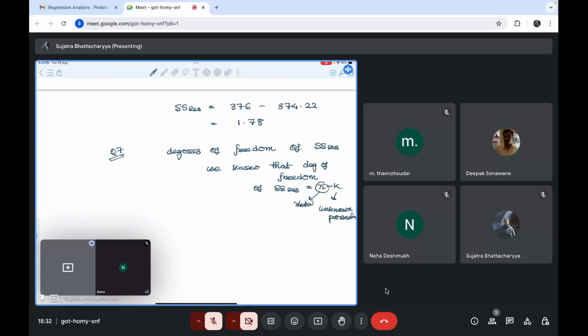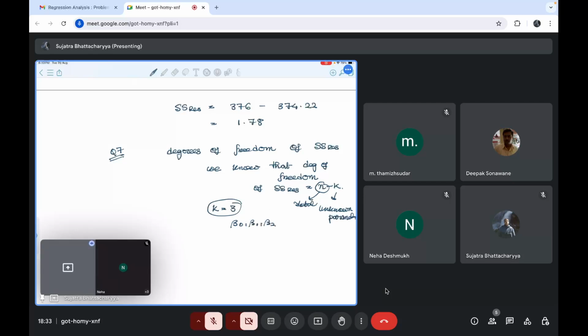We have seen it in the simple linear regression also. It was n minus the unknown parameters. So there are two unknown parameters there, beta naught and beta 1, in the simple linear regression model. So there it was n minus 2 because there are two unknown parameters. But here there are three unknown parameters, right? So k is 3 here. Unknown parameters are 3. What are those? Beta naught, beta 1, and beta 2. You can write that also.